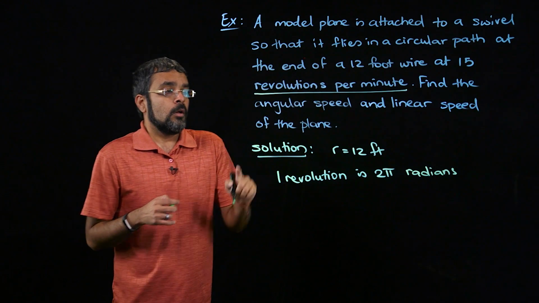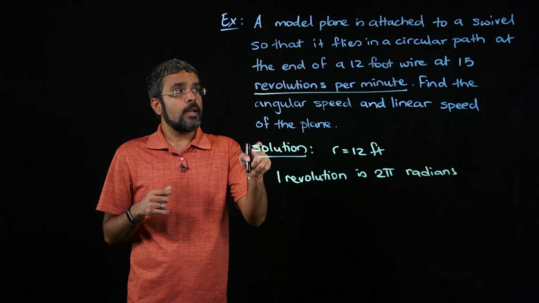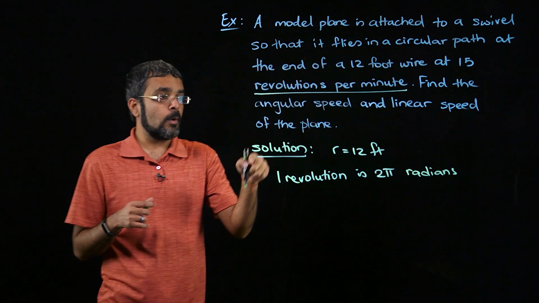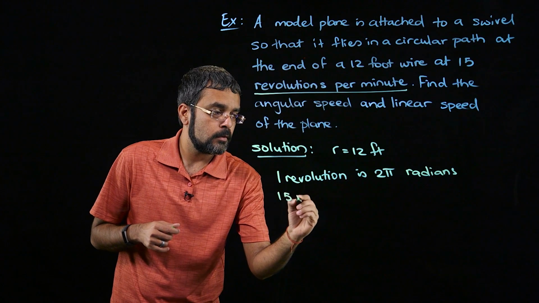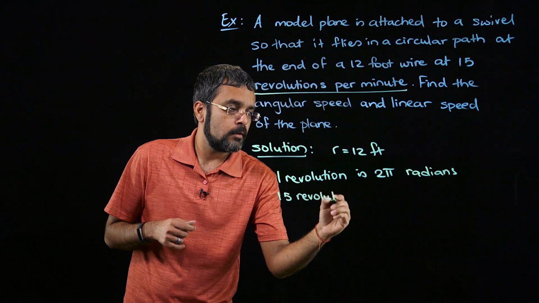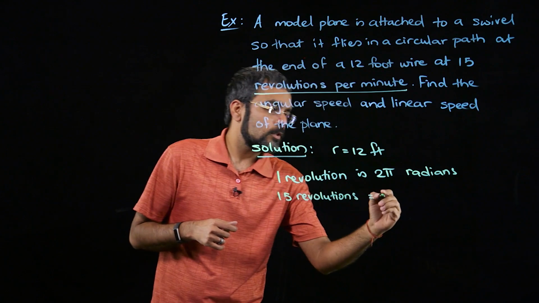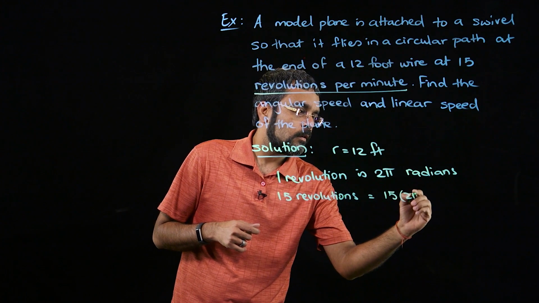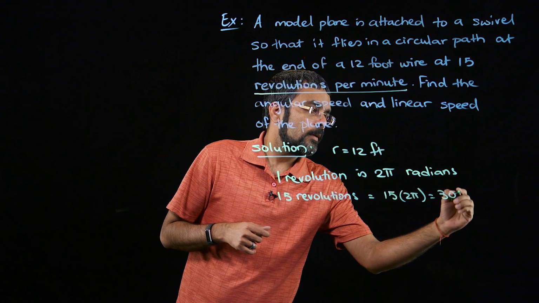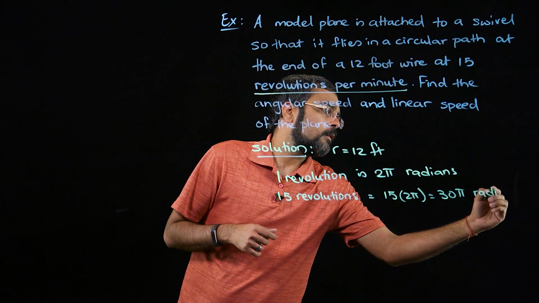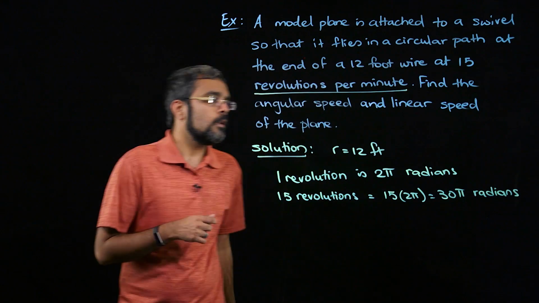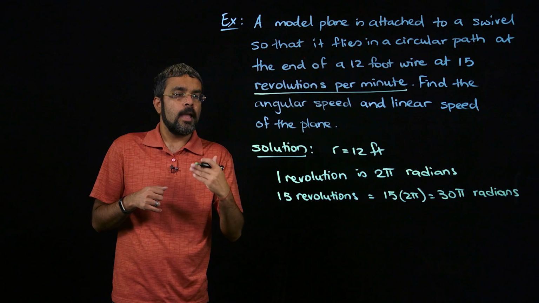Now, if that's one revolution, what is 15 revolutions going to be? Well, 15 revolutions is going to be 15 times 2 pi, or 30 pi radians, right? So what's my angular speed here?